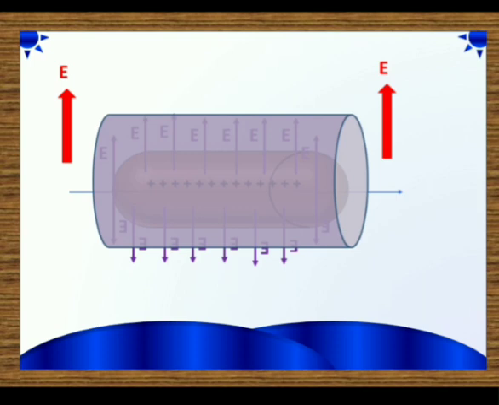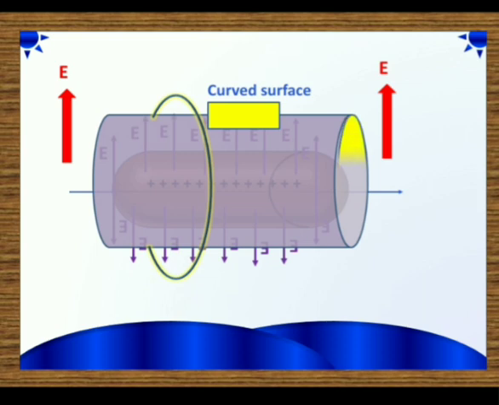If you observe clearly, you will get 3 types of surfaces: one is the curved surface, another is the right end plane, and another is the left end plane.